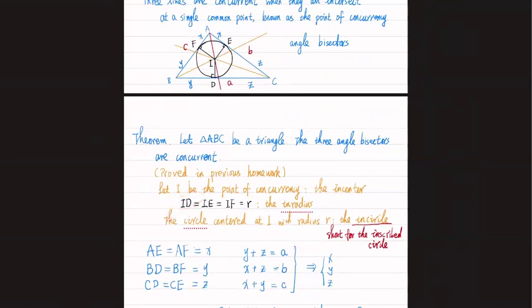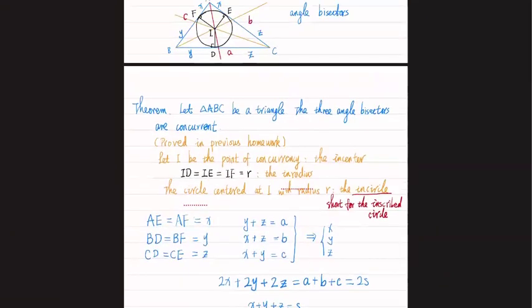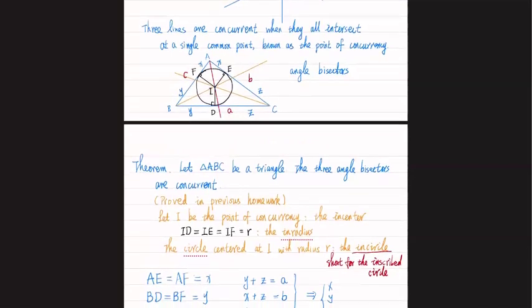Amy, this triangle CAI. So this is the base, this is the height. What's the area? B times IE over 2. Okay, so this will be 1/2 BR. And the left one, AIB.